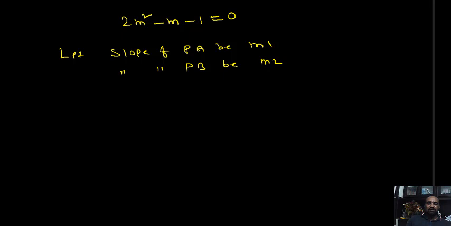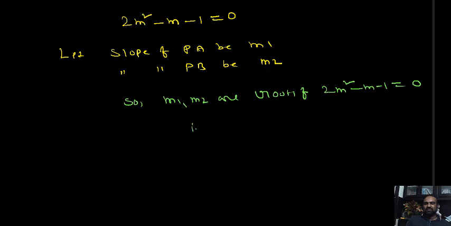Indirectly, m1 and m2 are the roots of 2m square minus m minus 1 equal to 0. So the sum of the roots m1 plus m2 is minus b by a, that is 1 by 2, and the product of roots m1 into m2 is c by a, that is minus 1 by 2.